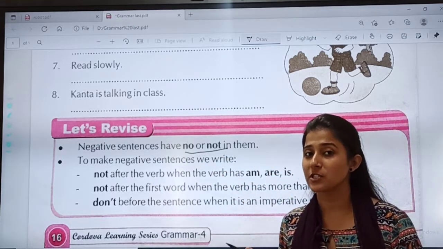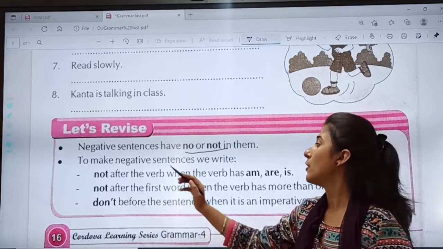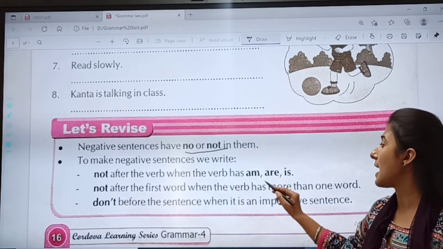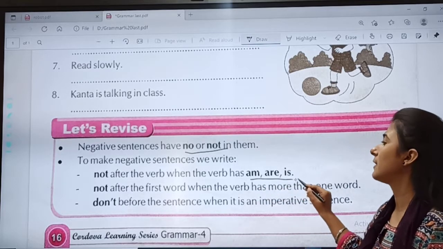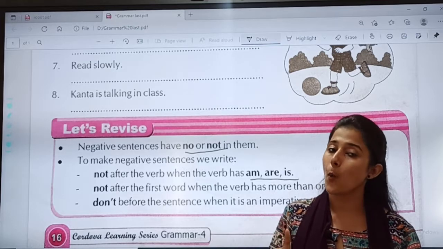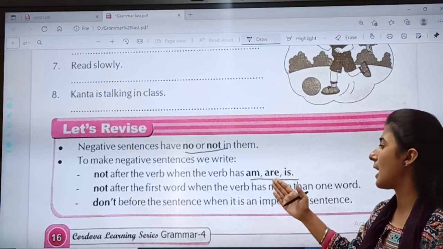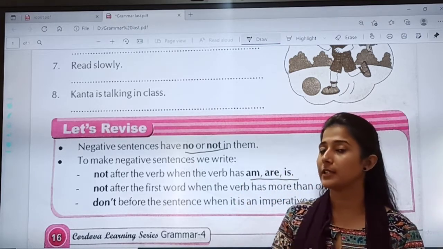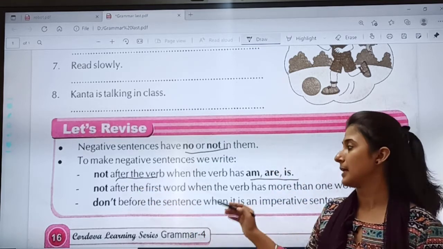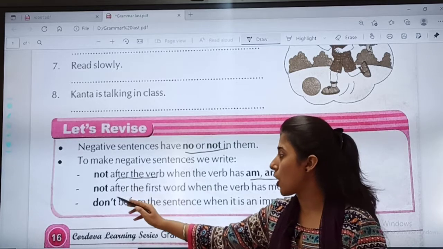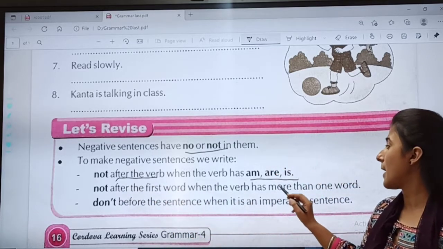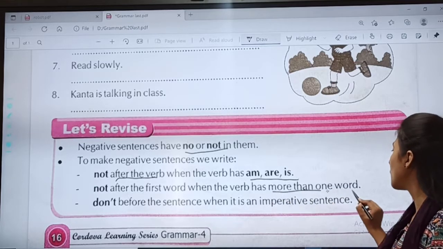Not after the verb when the verb has am, are, is. That means when the verb is only of one word like am, are, is, we put the not after the verb. Okay. Next, we put not after the first word when the verb has more than one word.